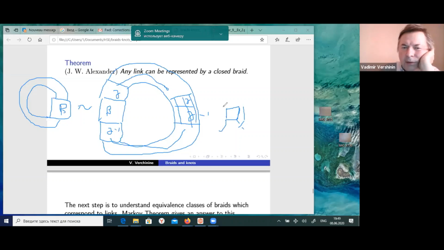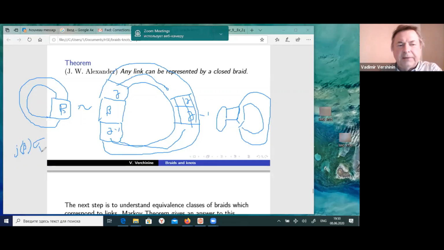And then you have this one, and you have this one, right? So what do you see with beta? The closure of beta, and the closure of beta multiplied by sigma n. What do you see here, Rafael?